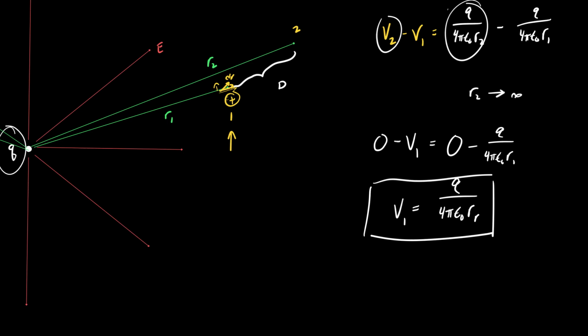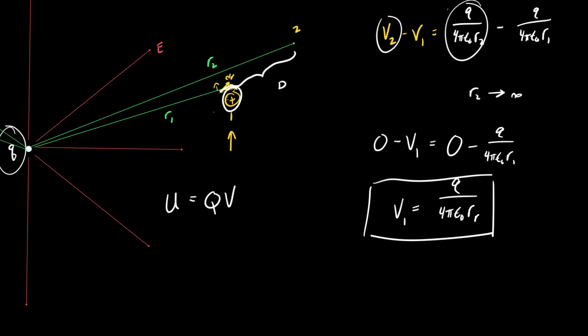For a number of reasons, but the most important one is the potential for a point charge tells you a lot. Like, consider this. How fast would a particle be going if I released it from here and let it spirit off by itself? Well, I know that the absolute potential energy would have to be the value of the charge times the absolute potential.